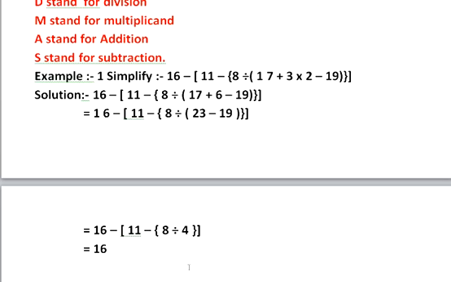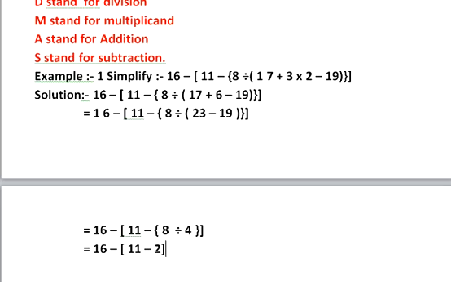Next step, now we solve the curly bracket. So 16 minus 11 minus, and in the curly bracket there is only one fundamental operation, division. So we divide and remove the curly bracket. So 8 divided by 4, we get 2.